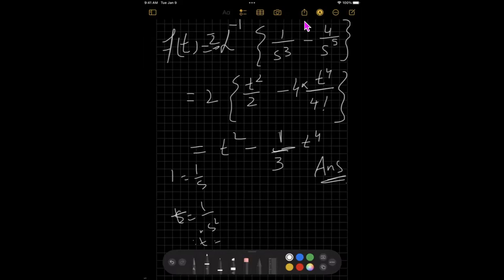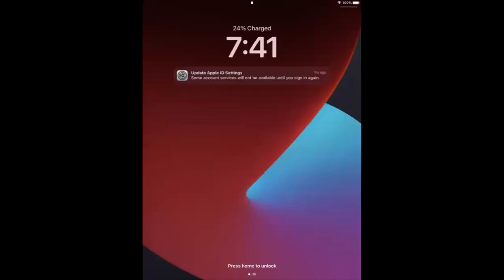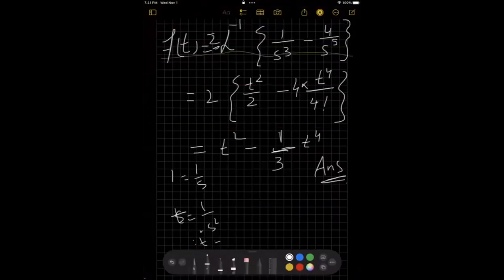I just have a question, quick. When you did the Laplace inverse of 4 over s minus 5, shouldn't it be 2 times t to the power of 4? I got 2t to the power of 4.